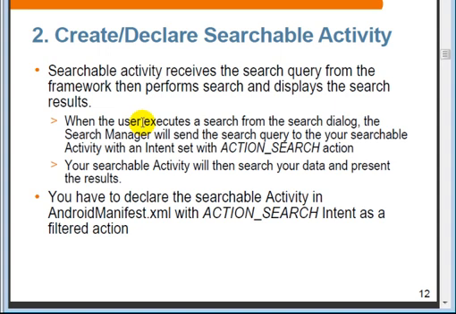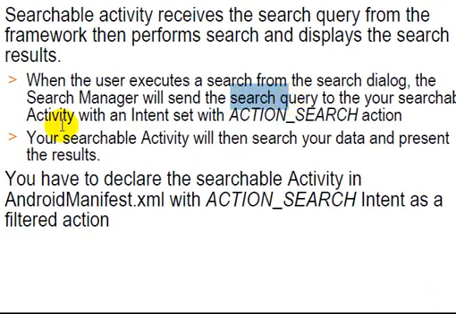When the user executes a search from a search dialog, meaning the user fills up the search dialog box and presses the search icon, the search manager sends the search query to your searchable activity with an intent, and the action field of that intent object is set with the search action. Then your searchable activity will perform the search against the data it has and then present the result. So you have to declare your searchable activity in the manifest XML file with the action search intent as a filter.